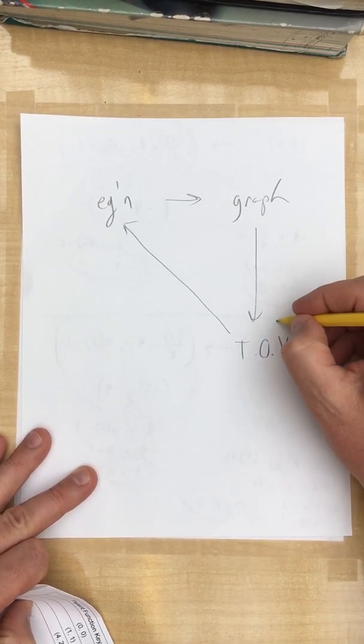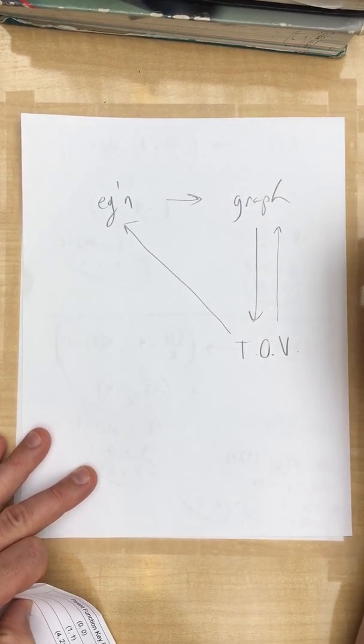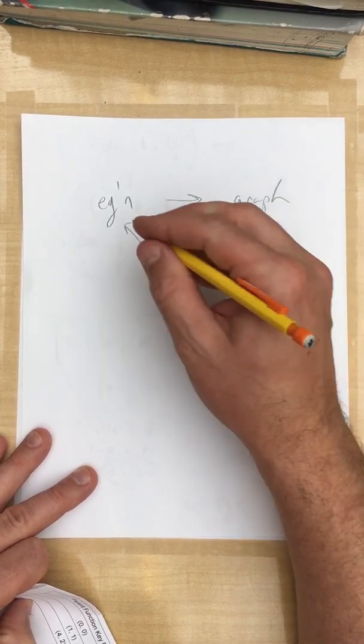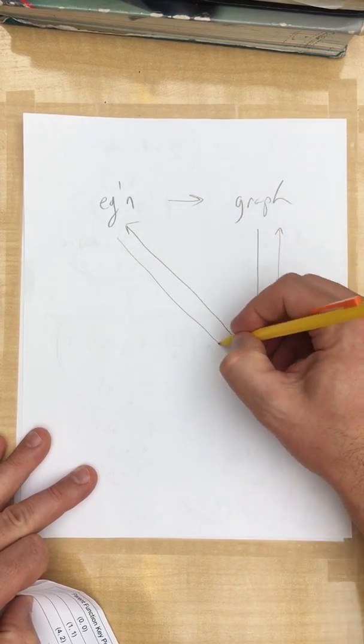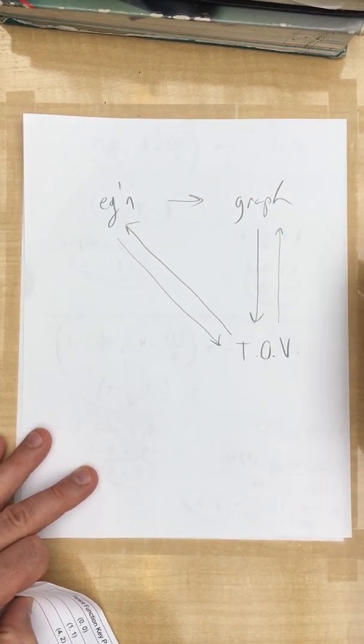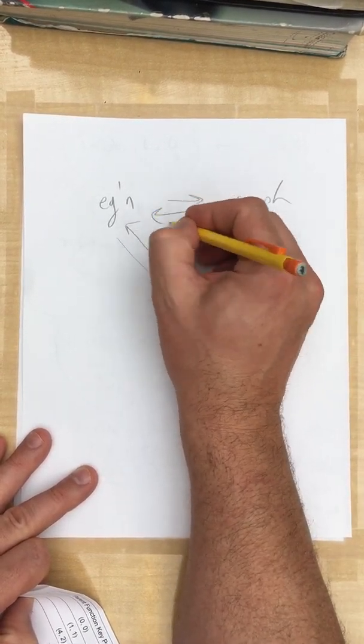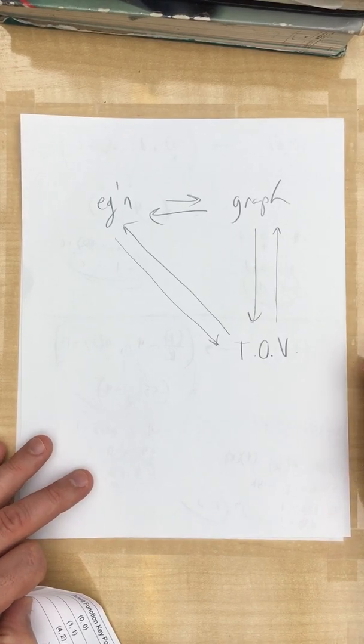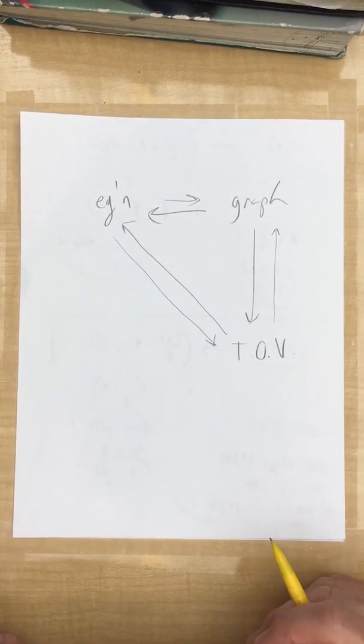From table of values to a graph is easy. You just plot the points and connect the dots. And we should be able to go from equation to table of values. Just plug it in, substitute, and get some values. And we should be able to go from graph to equation. So we need to be able to interchange all of these.